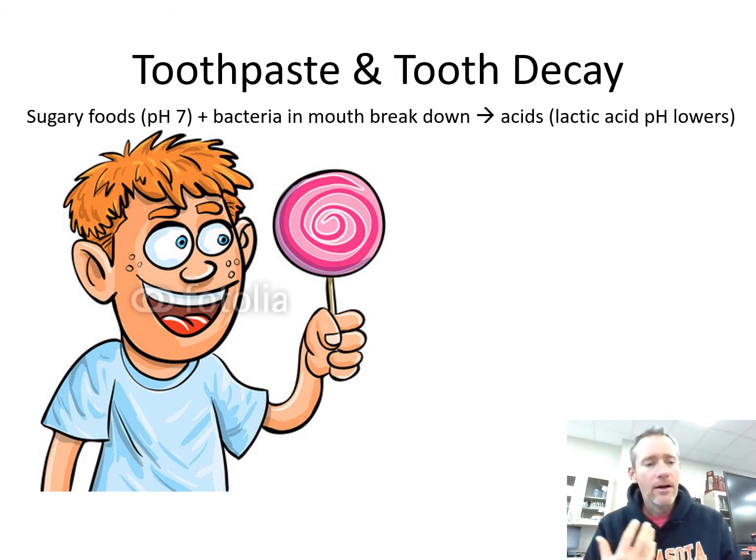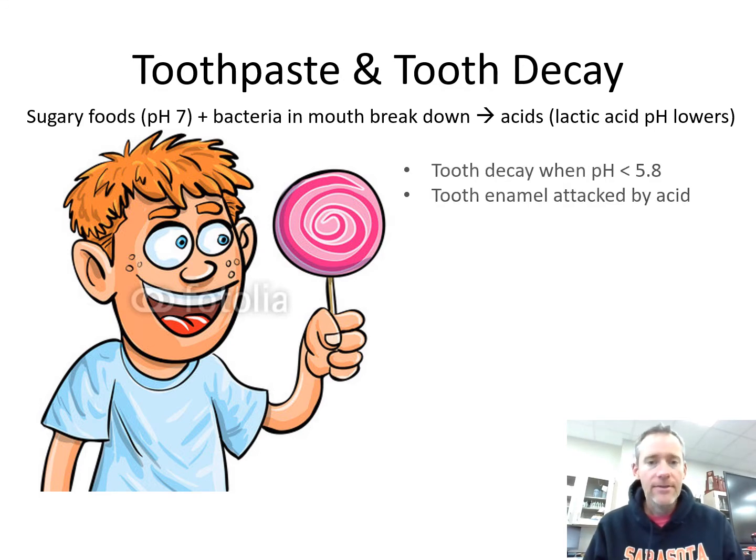That causes the decay in our teeth to occur. So that's why you want to make sure you brush your teeth and get rid of that pH difference. Tooth decay occurs when you have a lower pH, 5.8. So that's going to destroy your enamel.